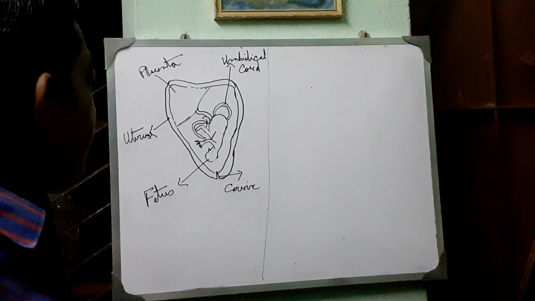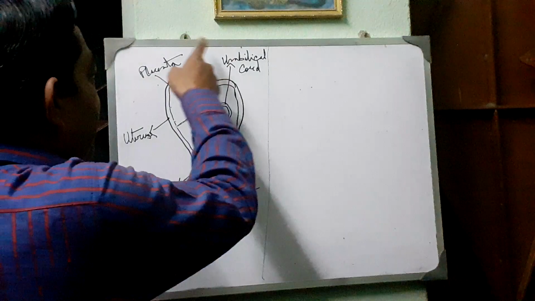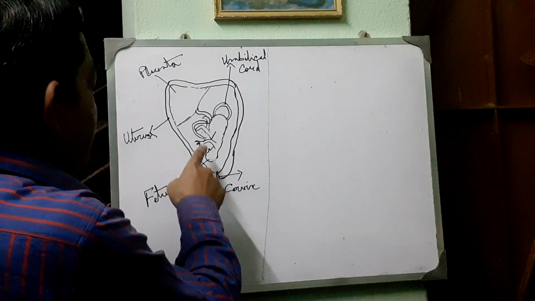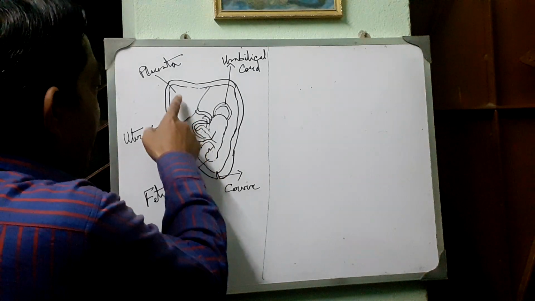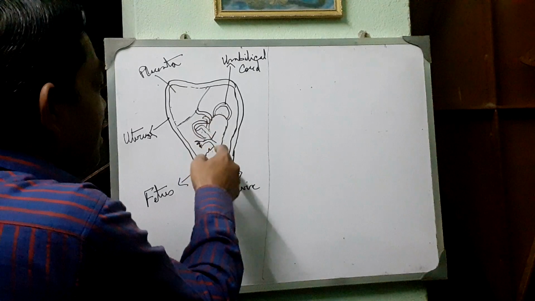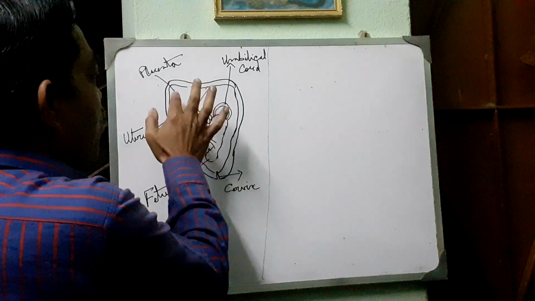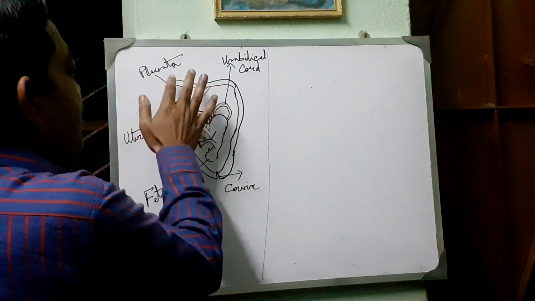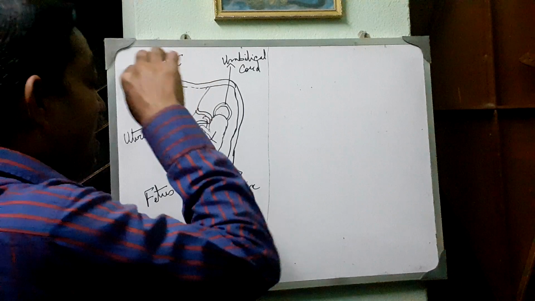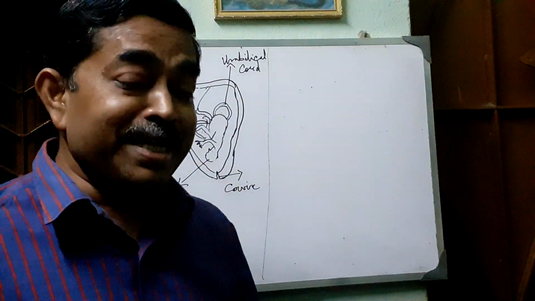Now, what happens if the fetus is RH positive and the mother's blood is RH negative? Some red blood cells containing the RH positive factor will cross the placenta and reach the blood plasma of the mother, and the mother is RH negative.